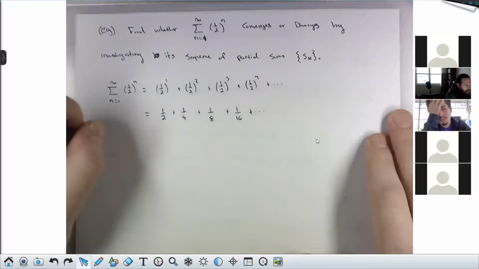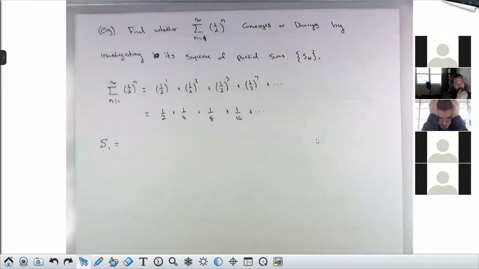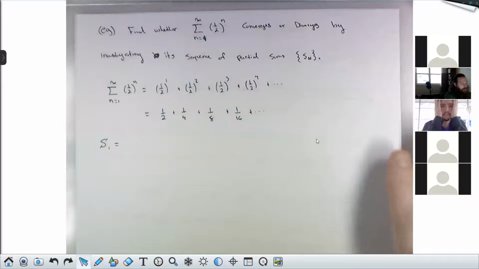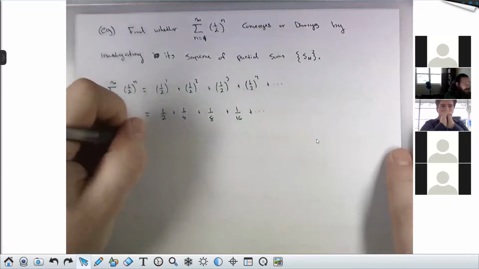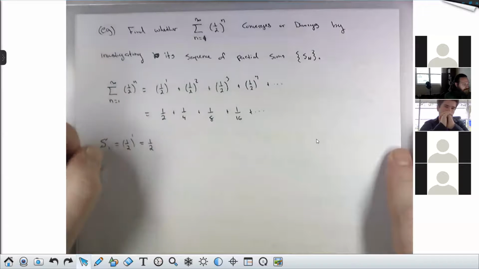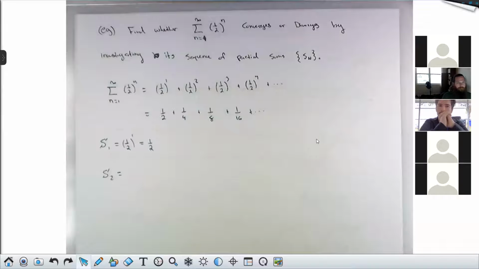So instead, I figure out the sequence of partial sums. I'm just going to write out the first few terms of the sequence of partial sums. S1 is just 1/2 to the 1, which is 1/2. What is S2? 1/4. Careful, A2 is 1/4.